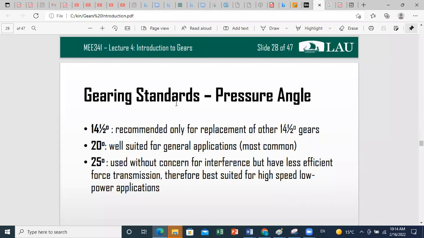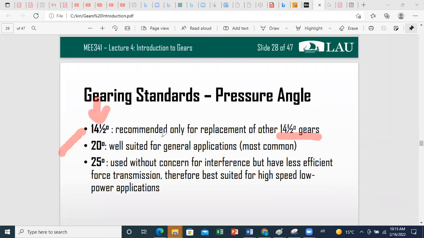Here we have 3 sizes available in general. We have the gear pressure angle 14.5 degrees, but this is only recommended for replacement of other 14.5 gears. So sometimes in some applications we need them. So we just use this to replace other gears of pressure angle 14.5.